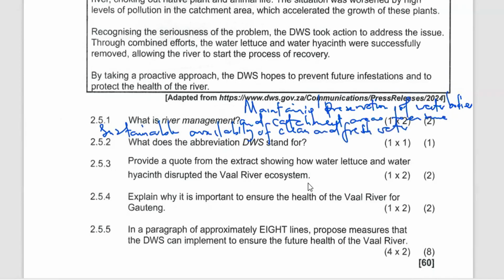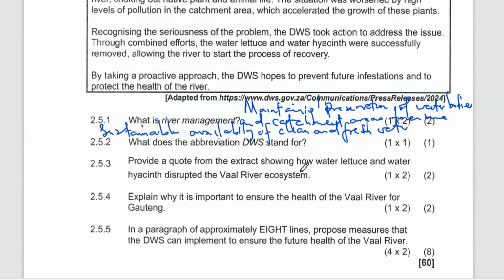So when we are managing rivers, we are talking of a composite situation of maintaining, restoring or preserving our water bodies and our catchment areas, our drainage basins, with the aim of attaining sustainable availability of water. Sustainability means we need long-lasting, guaranteed availability of water for the next generations. That water is critical. We need water for different purposes, for domestic purposes or industrial purposes. So we have to sustain our water bodies.